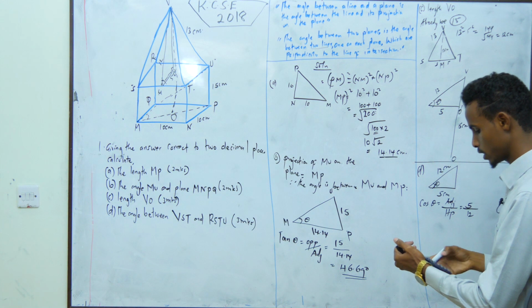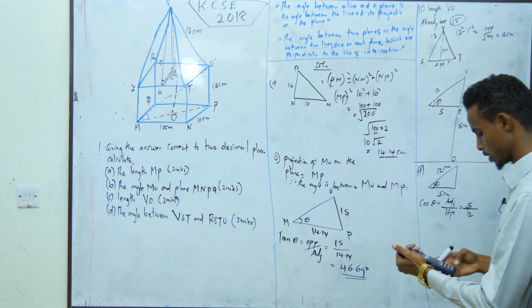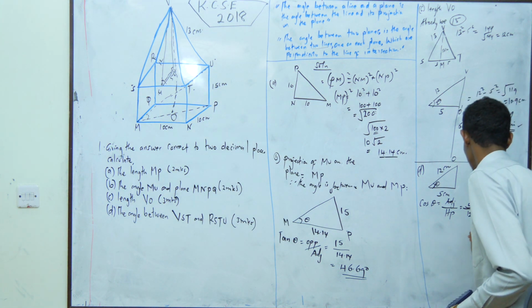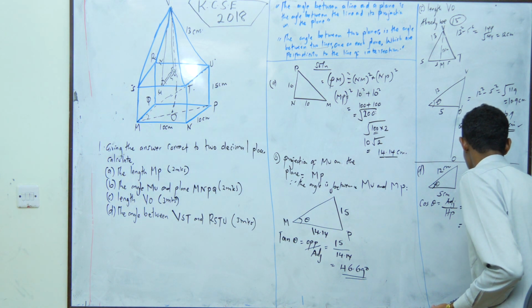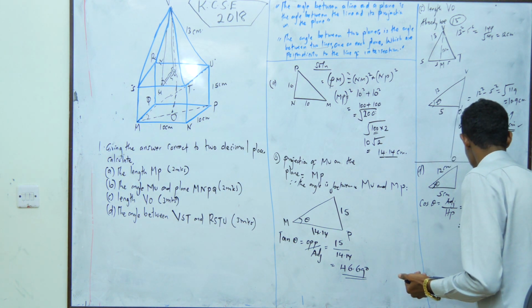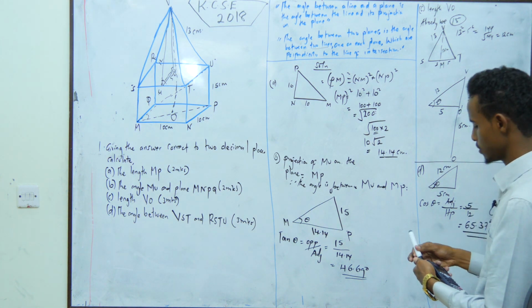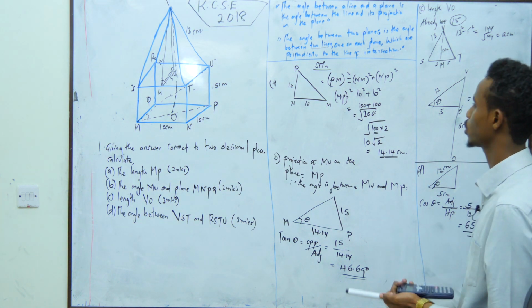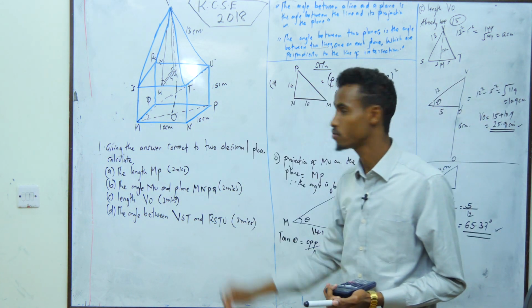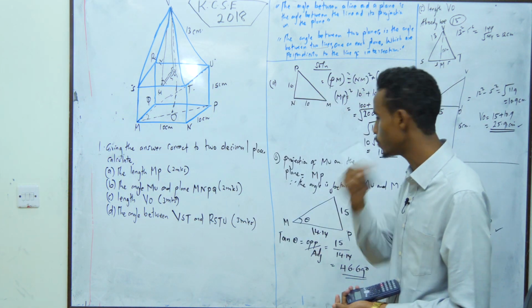Now you're going to get shift cos inverse answer, which is 65.37 degrees. And that, class, is basically the solution to that problem of three-dimensional geometry.